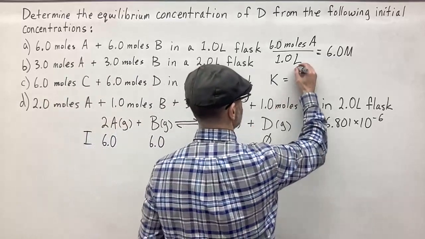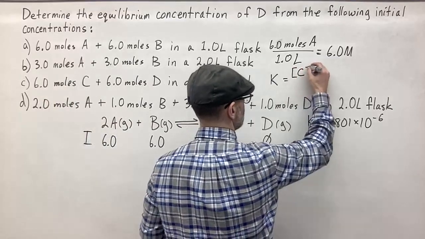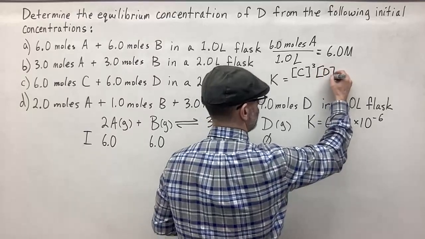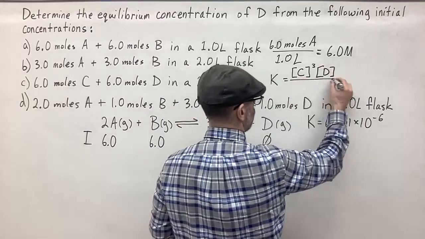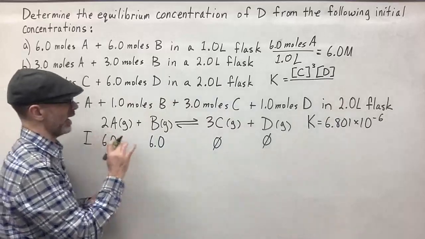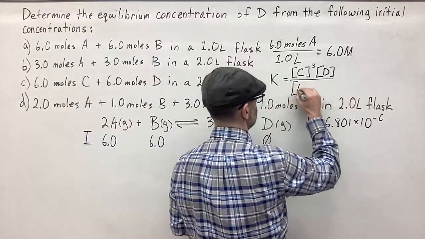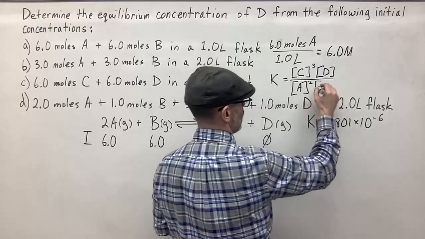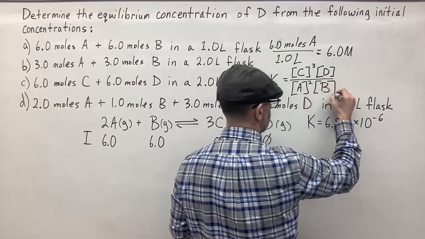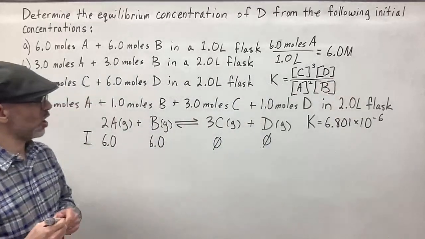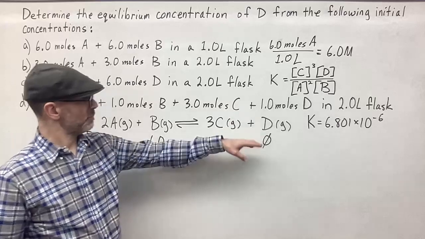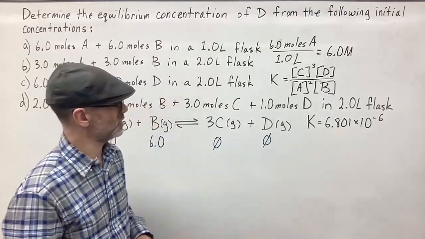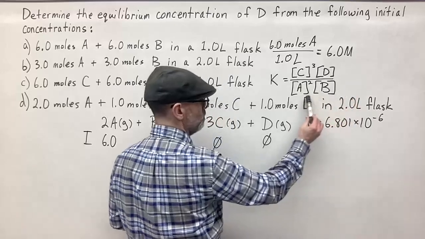So here we're going to have the concentration of C raised to the power of 3 multiplied by the concentration of D raised to the power of 1, over the concentration of A raised to the power of 2, multiplied by the concentration of B raised to the power of 1.